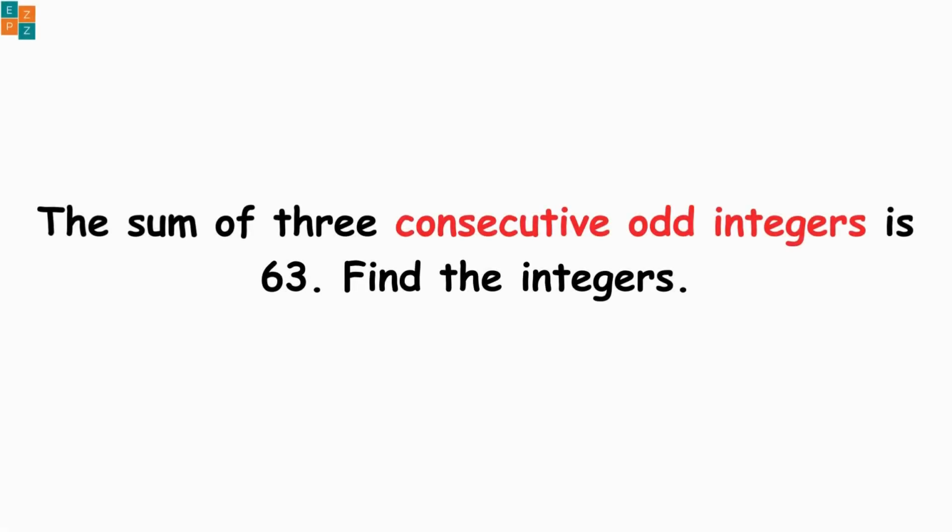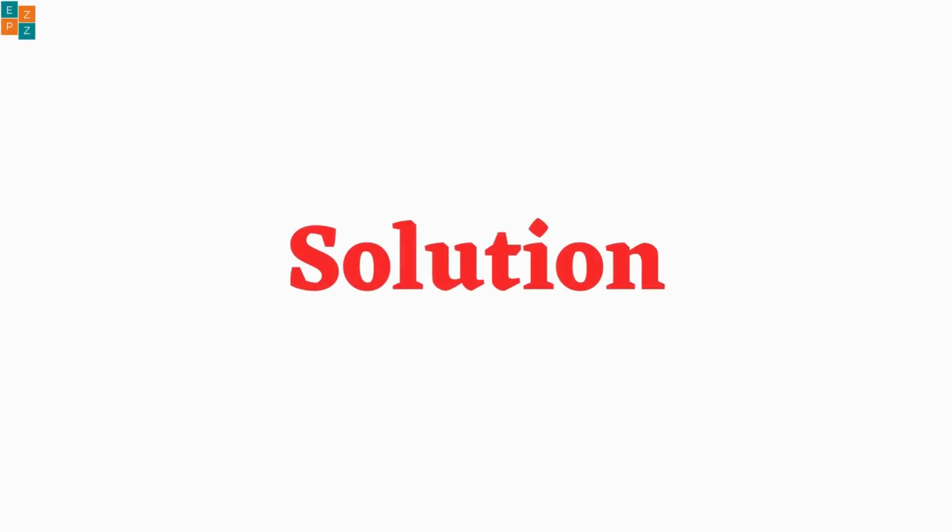The sum of 3 consecutive odd integers is 63. Find the integers. Let's denote the 3 consecutive odd integers as n, n plus 2 and n plus 4. Notice that the difference between consecutive odd integers is always 2. According to the given information, the sum of these 3 consecutive odd integers is 63.